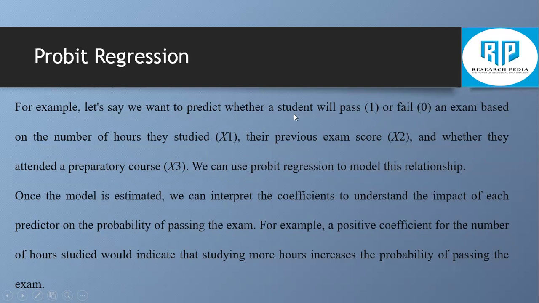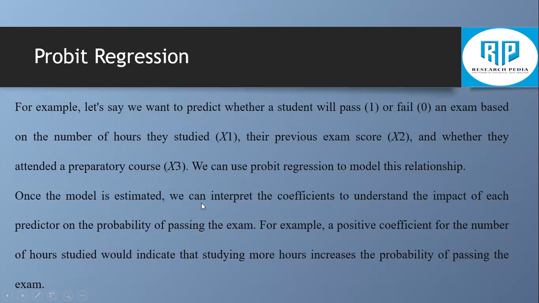We want to predict this based on the number of hours they study, that is your first independent variable, their previous exam score, that is your second independent variable, and whether they attended a preparatory course, that is your third independent variable. So on the basis of three independent variables, we are going to predict whether a student is going to pass or fail the exam. We can use Probit regression to model this relationship.